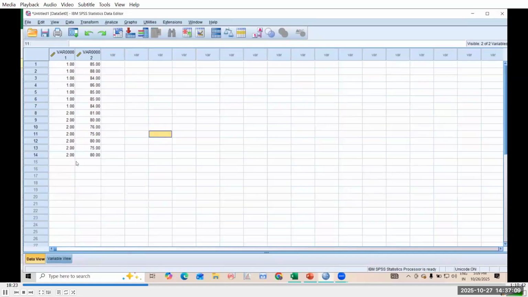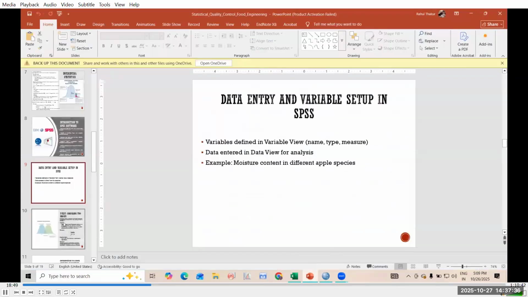Hence, if you have more than 2 varieties, you can also write 3, 4, 5 for each variety, batch, or sample type, and the variables will be presented as their respective replicates. These are the independent variable data sets and these are the dependent variable data sets. Okay, let's go for the next PPT slide.